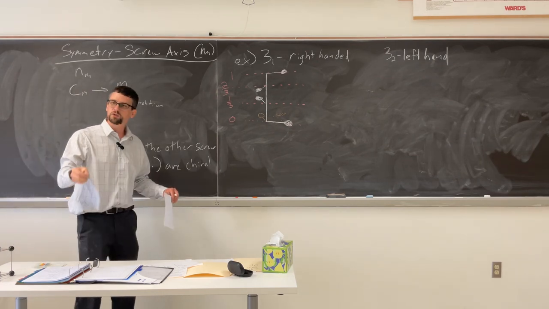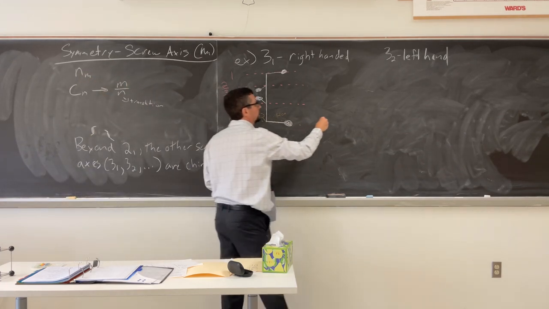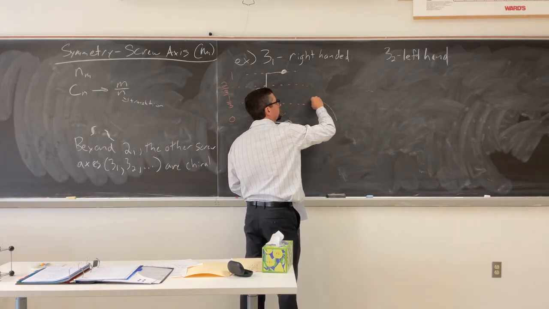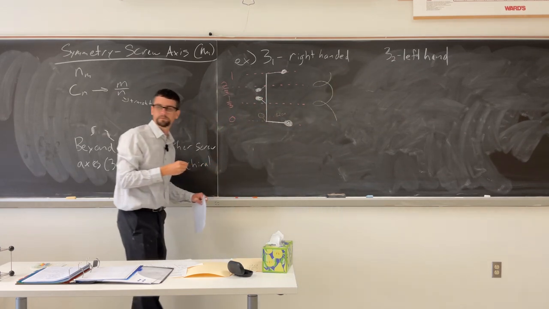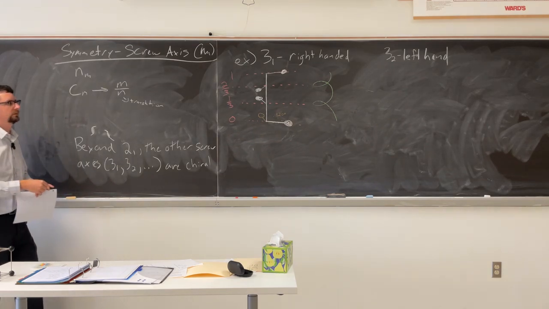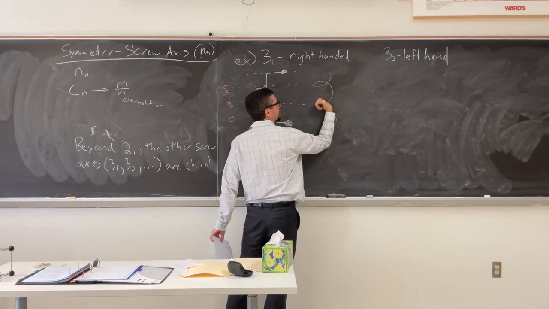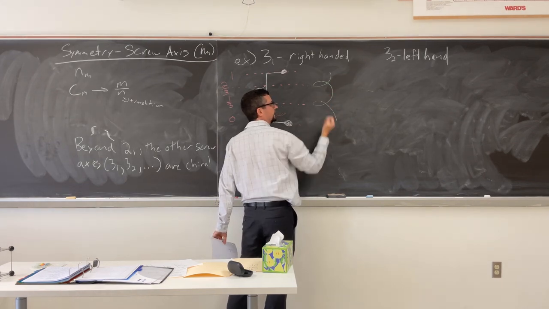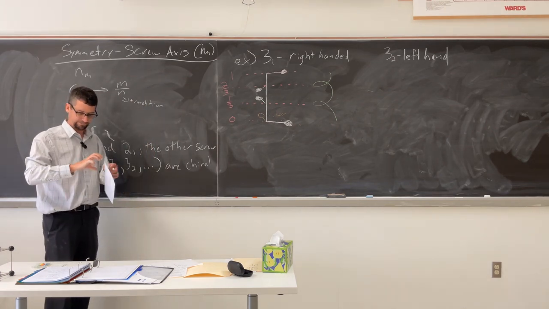Now, let's try and draw on the side how this loop looks. So basically, we're spiraling like that, right? That's a right-handed spiral. Again, you point your thumb in the direction that it goes and curl your fingers, and it lets you know if you're using a right hand or a left hand.